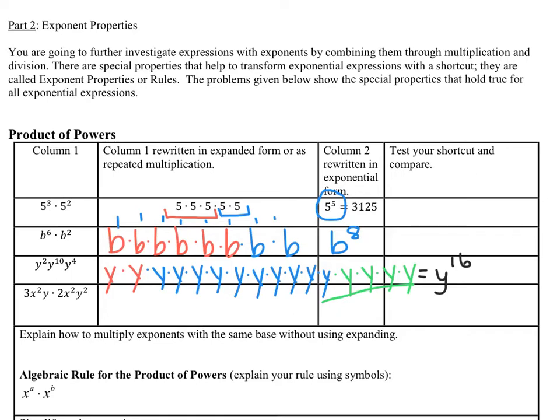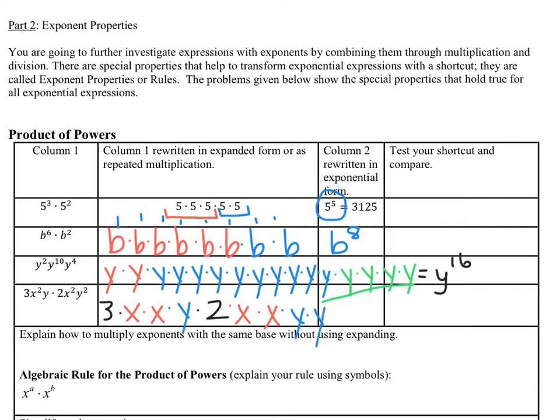And then if I look at the last one, it says 3 times x times x times y times 2 times x times x times y times y.